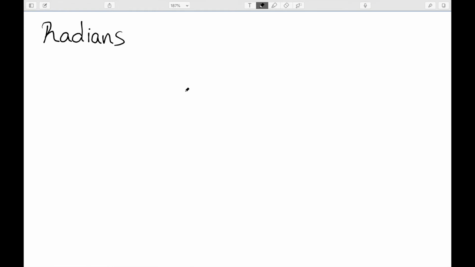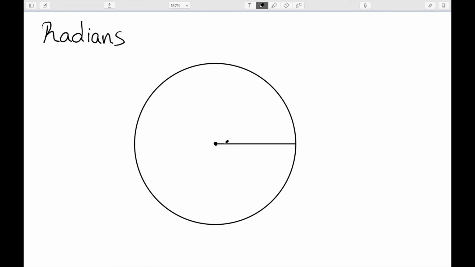Now let's look at measuring an angle in terms of radians. Once again, we let the positive x side be equal to 0 radians. And so the idea of a radian, let's say that this particular circle has a radius of r.